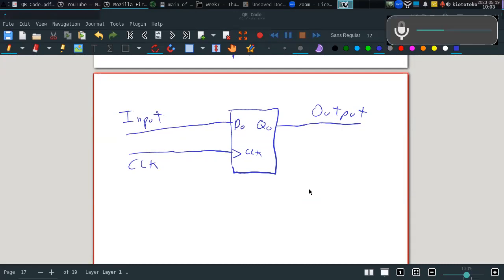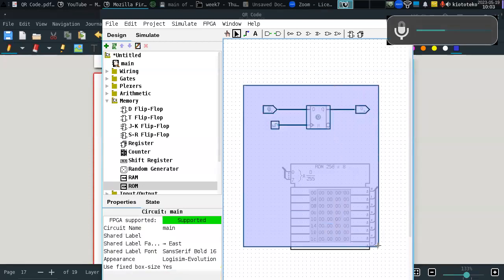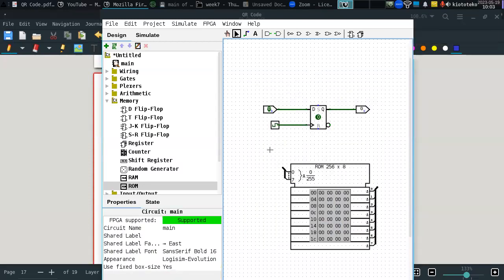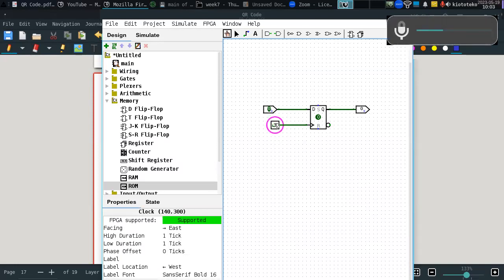Any questions with this? You can also use Logisim. You can see here, this is our D flip-flop, clock signal, output. If we have 0 and we press the clock signal, it will maintain 0.